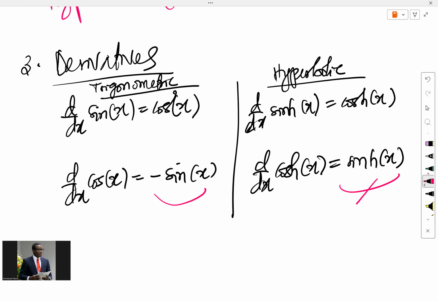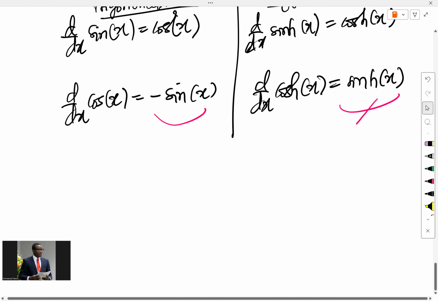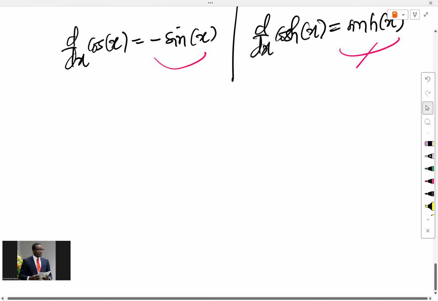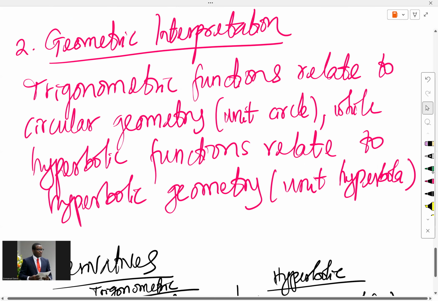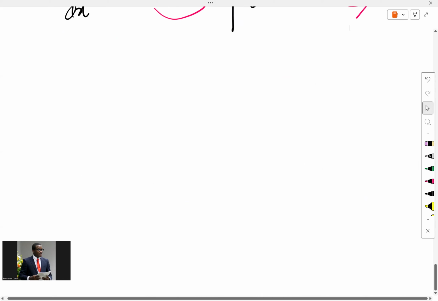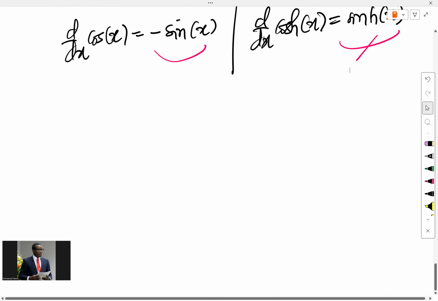Now, having said all of these things, talking about the similarities and differences, can we discuss them in terms of Euler's formulas? So let's discuss them in terms of Euler's formulas. Euler was that mathematician that had a whole lot of contribution back in the days.